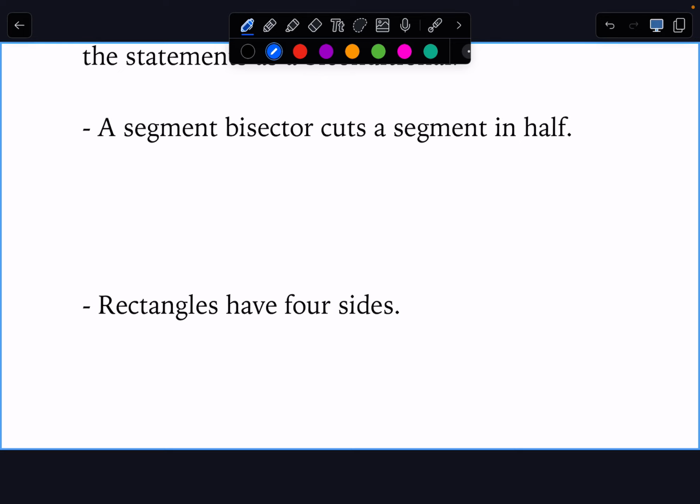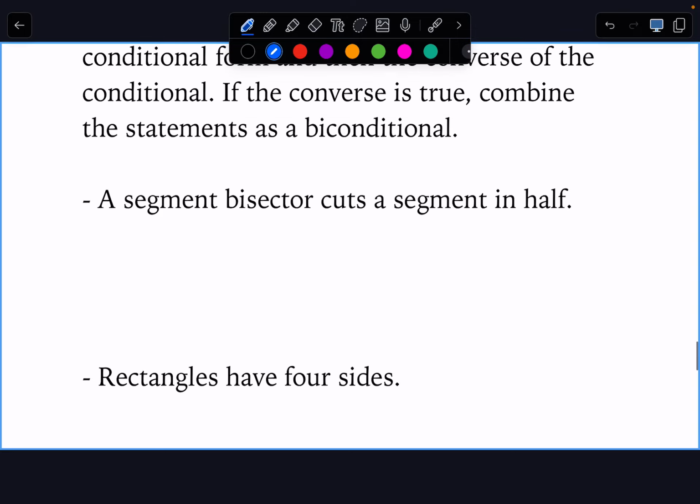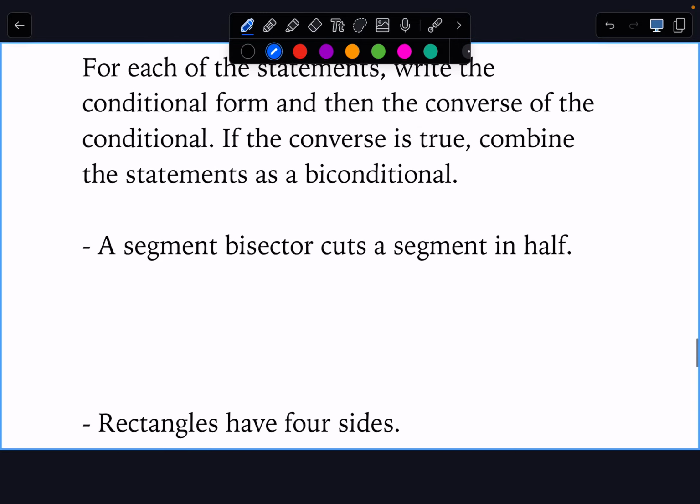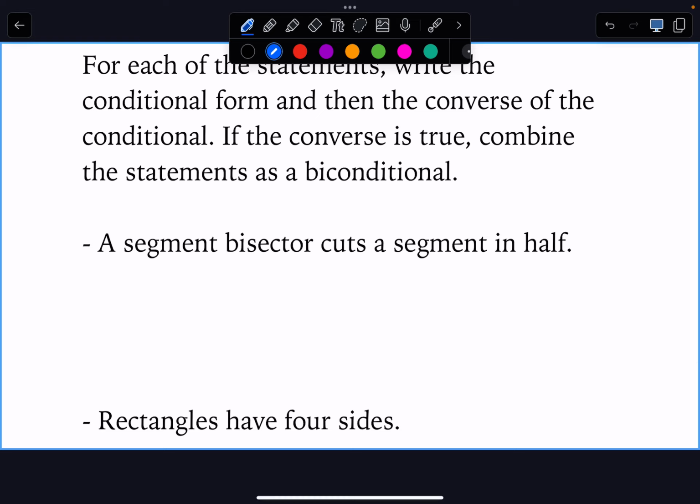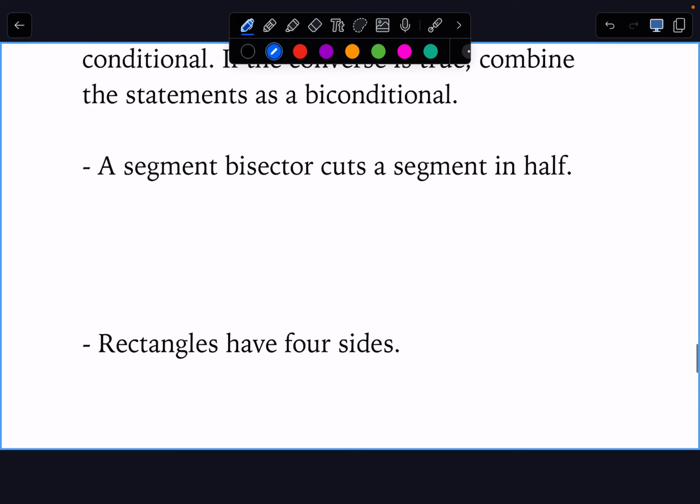So, here on page 2 of your packet, I have a statement. A segment bisector cuts a segment in half. Okay? So, the instructions say write the conditional form and the converse. If both of them are true, then we can write the biconditional. So, what would our conditional statement be?